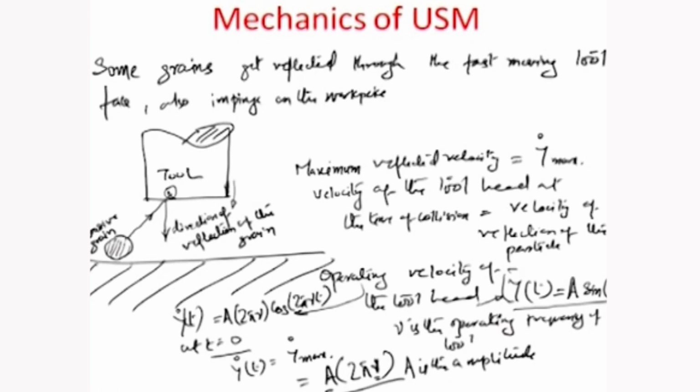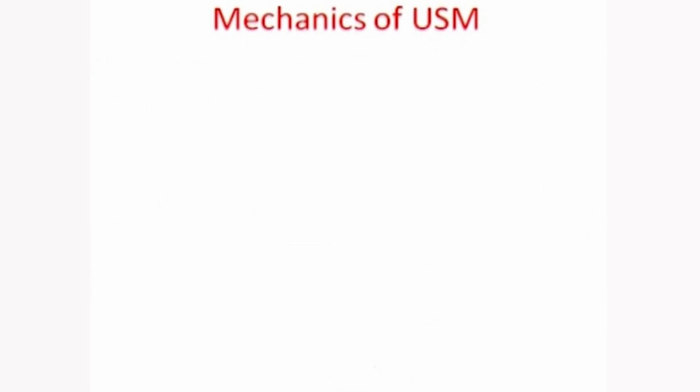So now we look into the aspect of the kinetic energy of the particular tool once the maximum velocity of the grain is there. Okay. So the corresponding KE or kinetic energy actually will be equal to the maximum kinetic energy, because it is half m v square. V is the velocity of motion and v is equal to v max corresponding to the maximum velocity, the time when the tool is at the mean position.